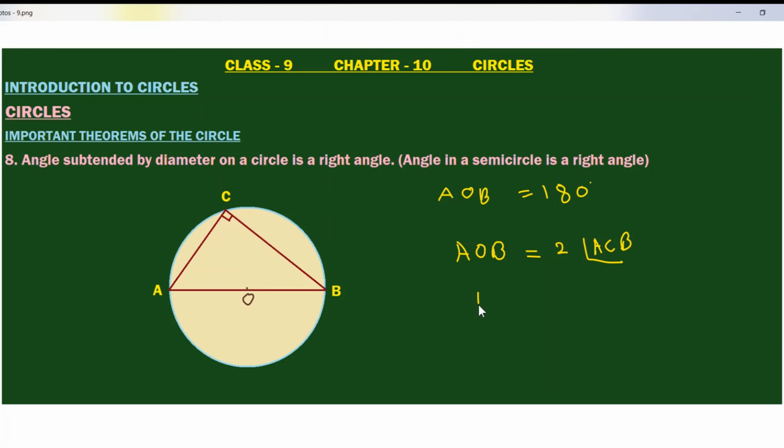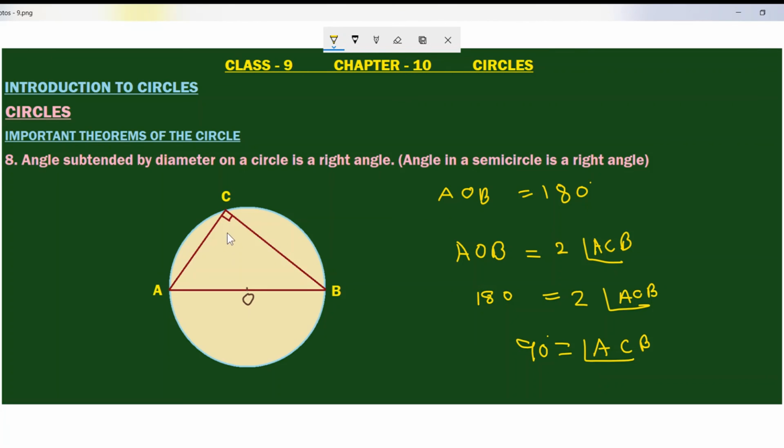So we need to apply this value here, which is equivalent to 2 angle ACB. If you bring this to this side, what will you get? ACB is equivalent to 180 upon 2, which will be 90 degrees. So we have proved this is 90 degrees.